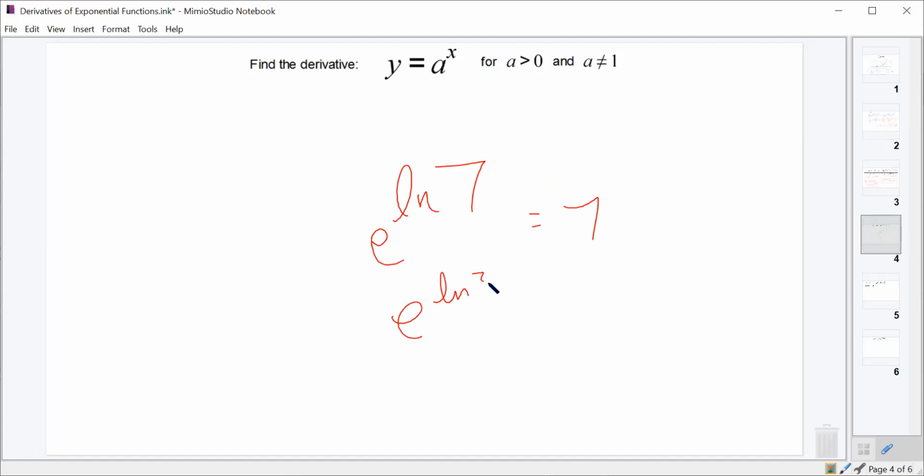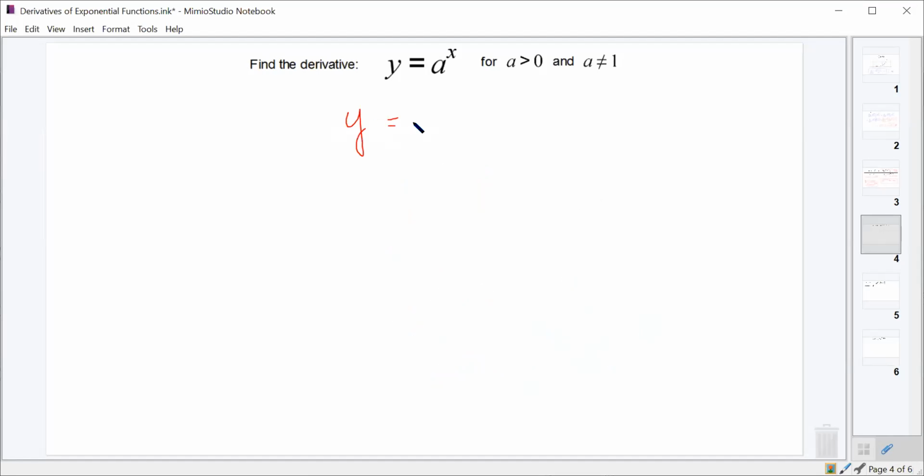What's e to the natural log of 3? 3. What's e to the natural log of x? x. So how could I rewrite a to the x using this idea?